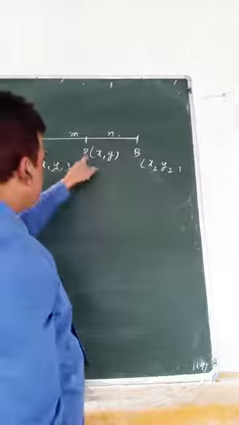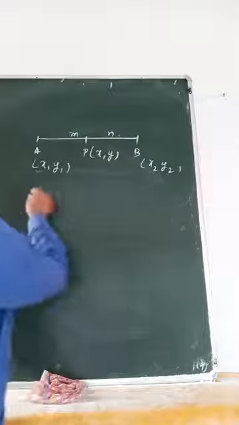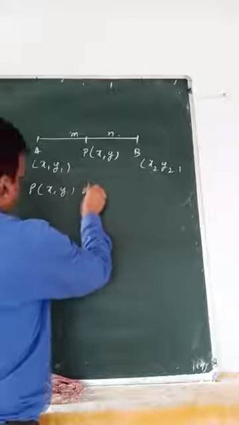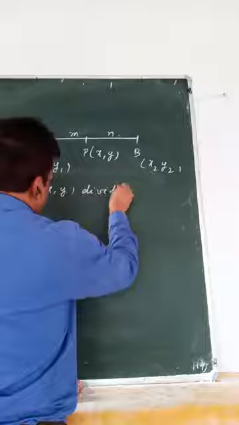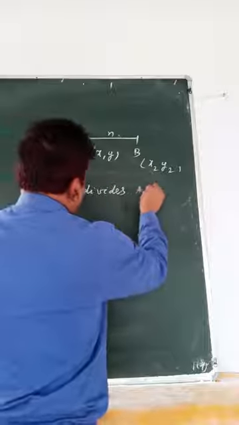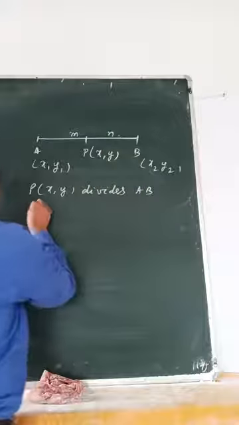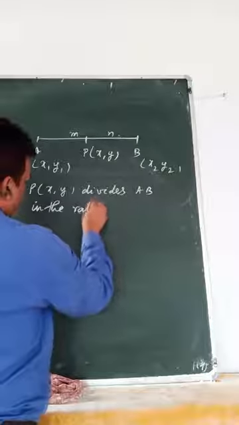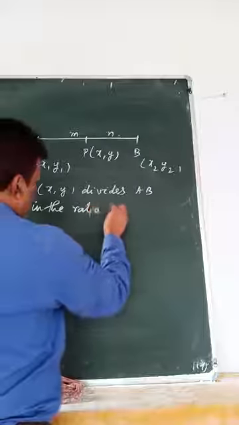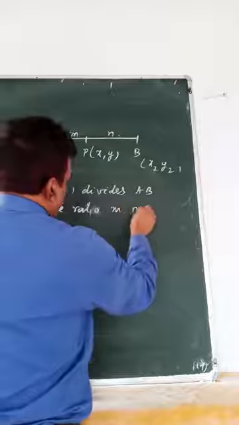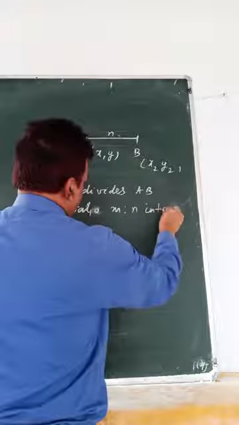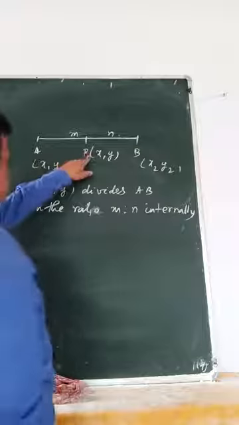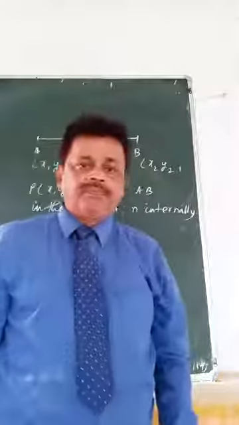Then P is a point, so P divides AB in the ratio m is to n internally. Internally means P is a point between these two.